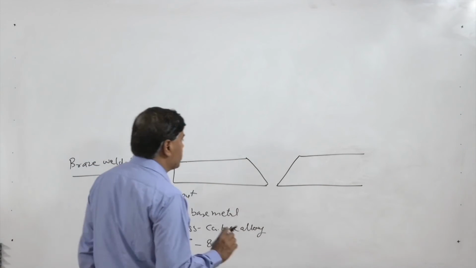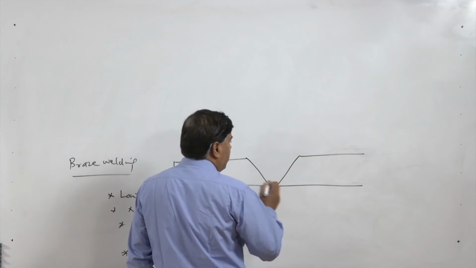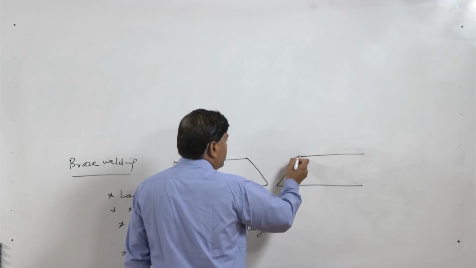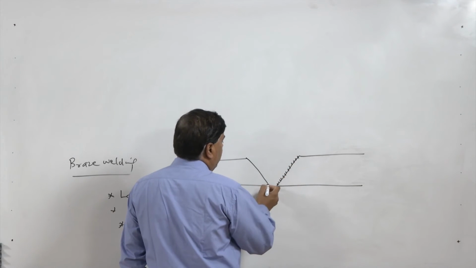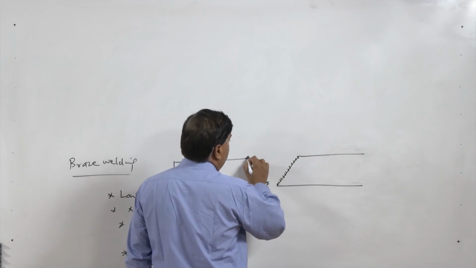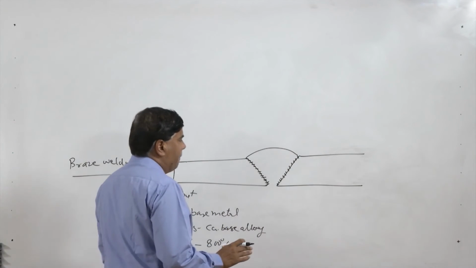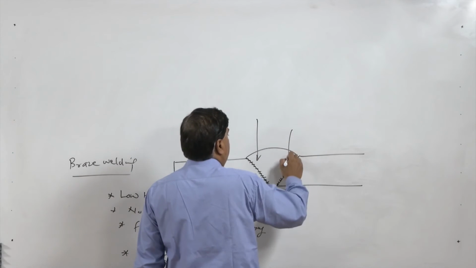So, how does the process work? The components to be joined are first prepared for the edges, the faying surfaces. So, this kind of surface is prepared by machining. This is called edge preparation. So, one groove is made. Once the groove is made, then the surfaces are heated.